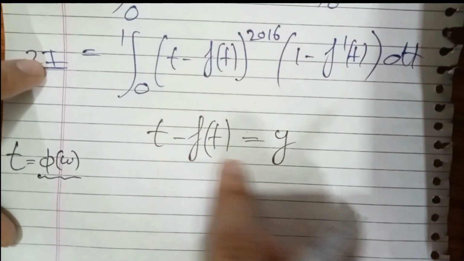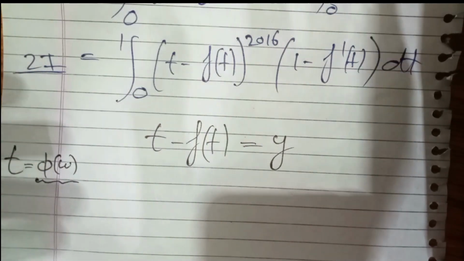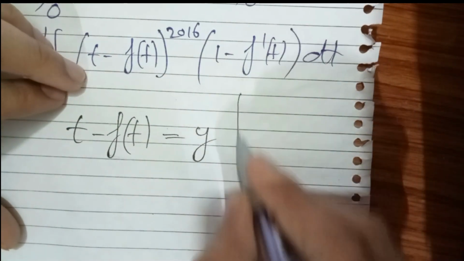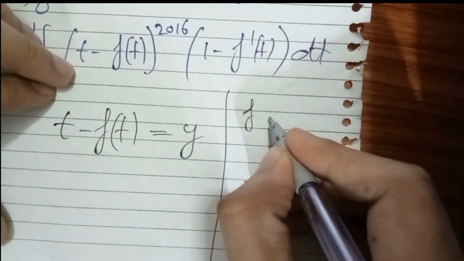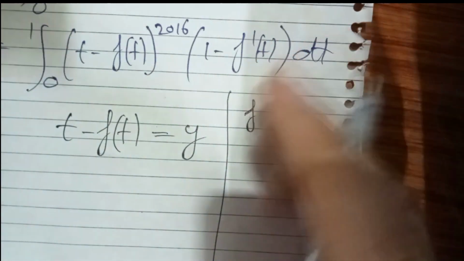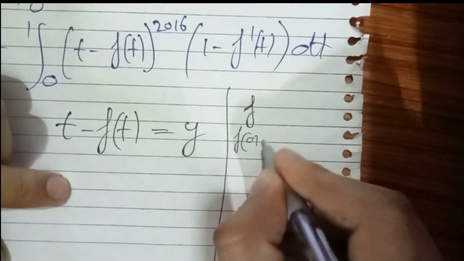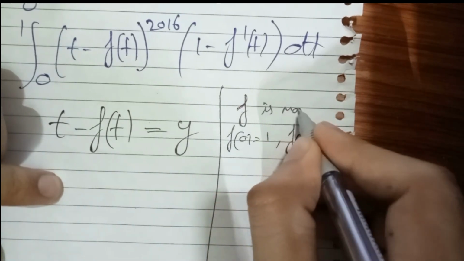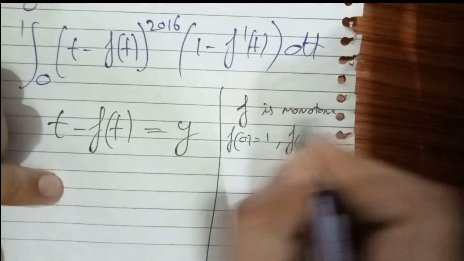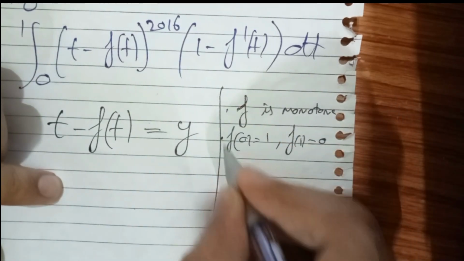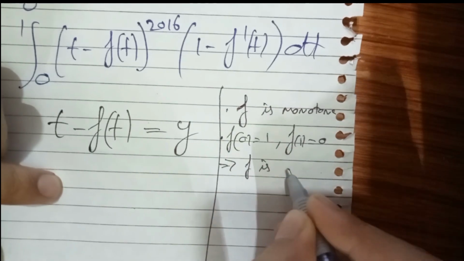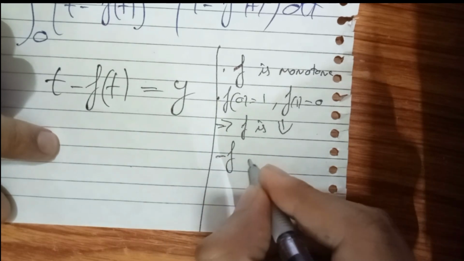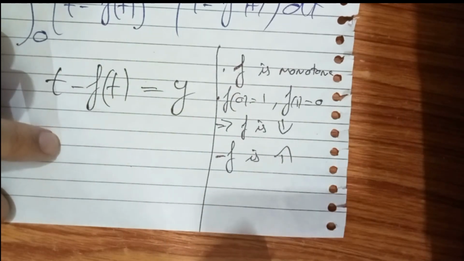So how do we know that this is a valid substitution? Well, I'll tell you how. But before that, I want to tell you that I know f is monotone, and I also know f of 0 is 1, f of 1 is 0. Combining these two pieces of information, I can imply that my function is strictly decreasing, and since f is strictly decreasing, minus f is strictly increasing.